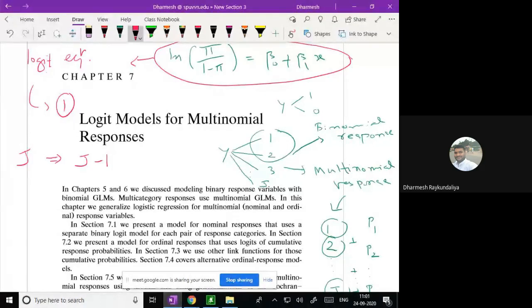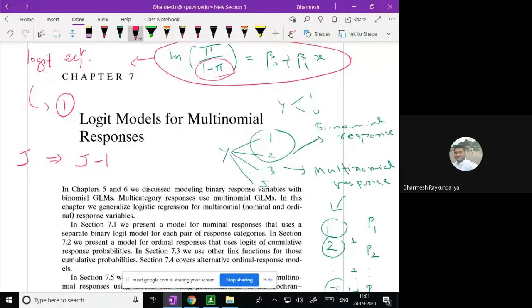So when you are talking about the binary logit model, it means that you have to keep something as the reference. Here you have a reference: the probability of success with respect to the probability of failure. So you keep one category as a reference, and that is how you have one logit model. In the multinomial logit model, we will move in the same direction.